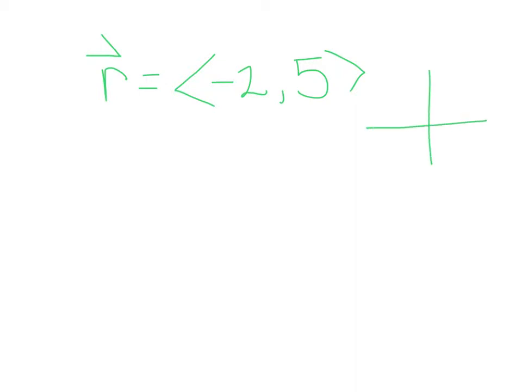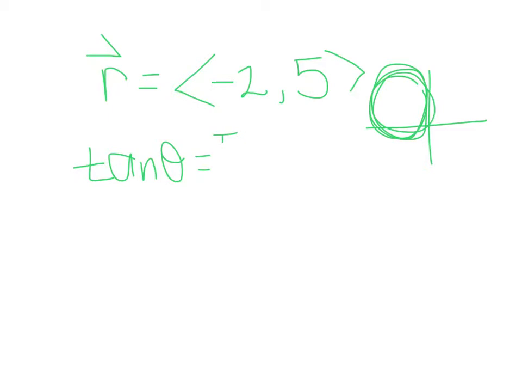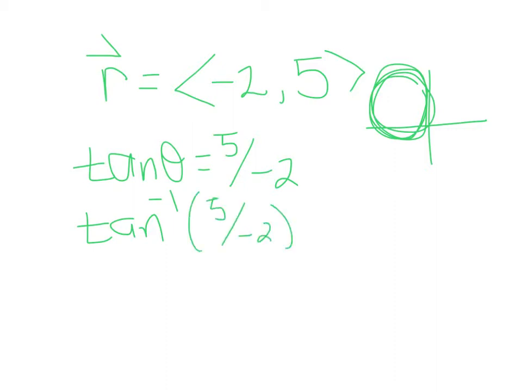Okay, so before I start, I'm going to circle my quadrant. It's got to be in quadrant 2. So tangent of theta is going to equal my 5 over my -2. I'm going to do arctan of 5 over -2.